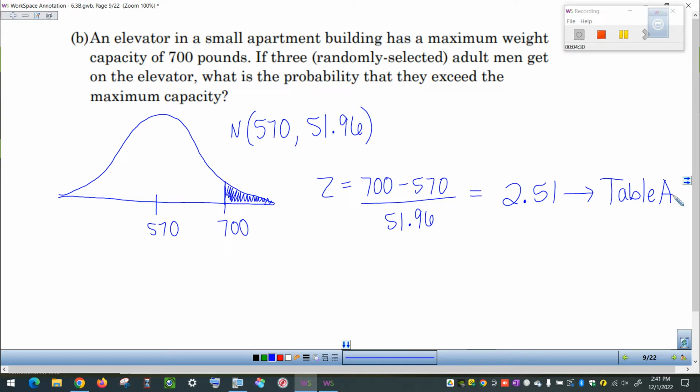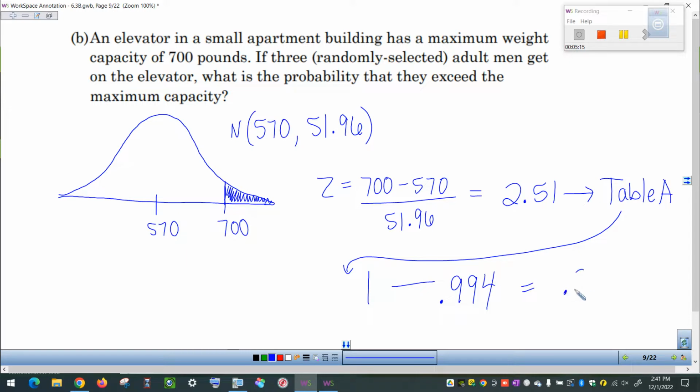Remember that the area off the table is always shading to the left. And if you forget what side it is, just look at the top of your Table A. It'll show you a little picture, and it'll indicate where the shading is. So it's 0.994 to the left, and so anytime we have our shading on the right, we're going to subtract that from 1 to get the part that we're actually interested in.